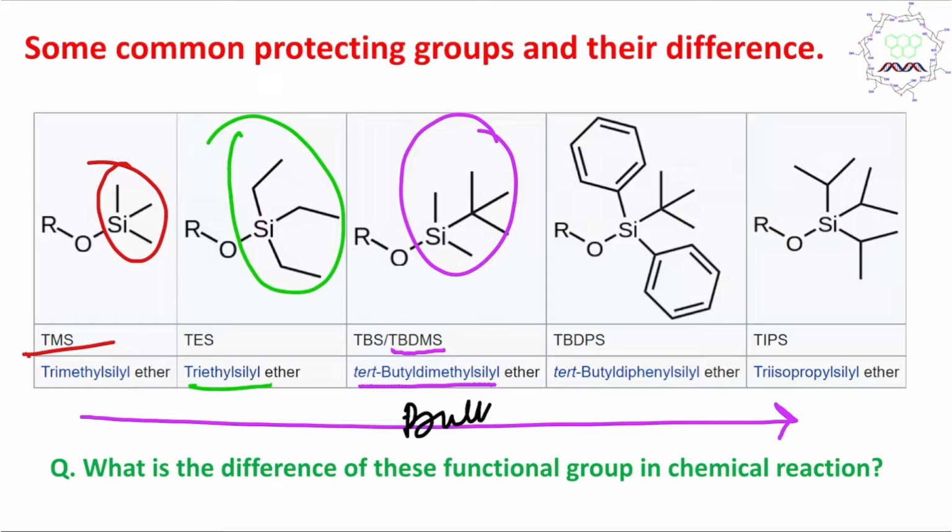The bulkiness actually increases, and that is reflected in the chemical reaction too. The reactivity or rate of reaction using TMS versus TIPS, meaning triisopropylsilane, has a difference. It has some problems as well as advantages.